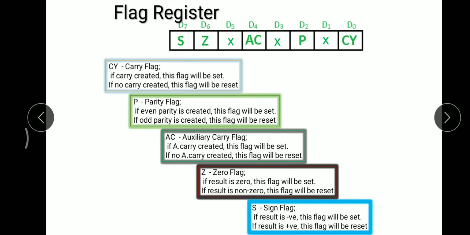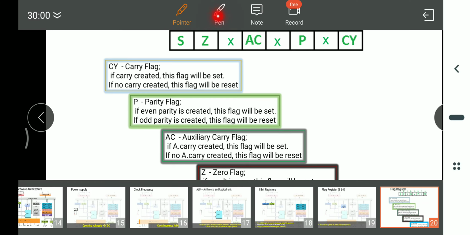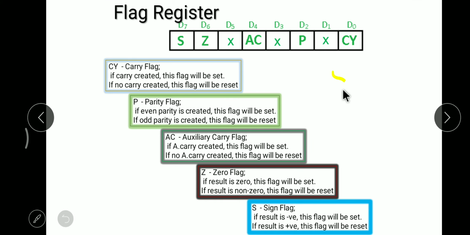Whether the answer is 0, whether a carry is generated. What is carry? I think you know. 5 plus 6, we have 11 as the answer. So 1 1: this 1 is nothing but the carry. This is the information about the result.